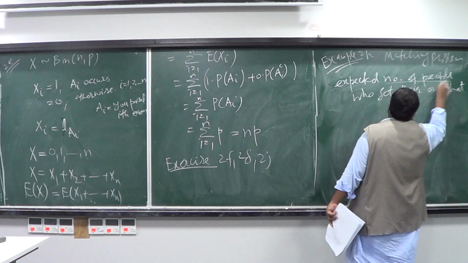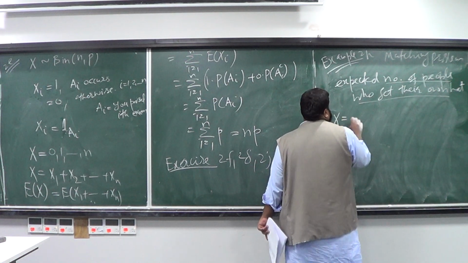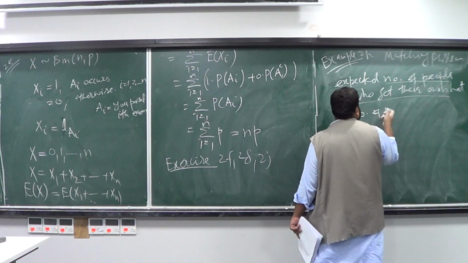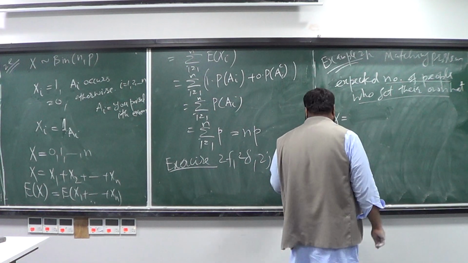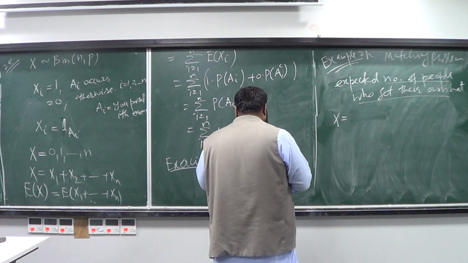Let's give this random variable a name. So let's call X the number of people who get their own hat.